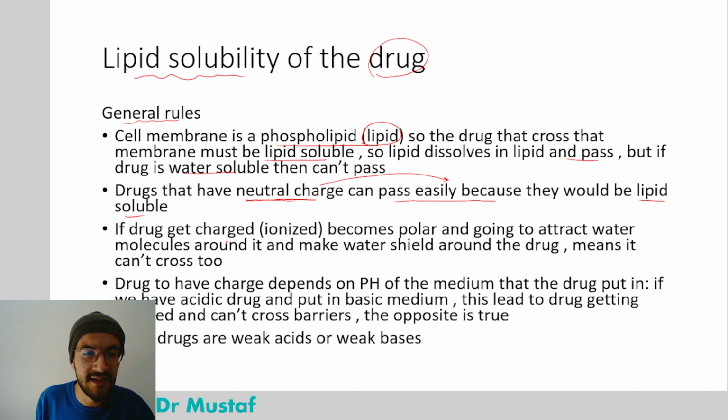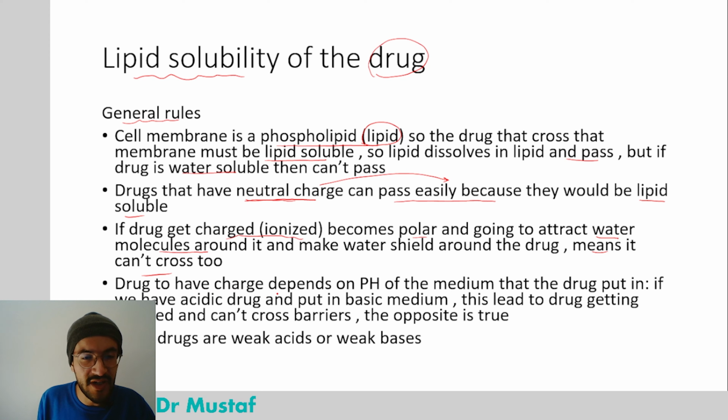But if the drug gets charged, ionized, it becomes polar and attracts water molecules around it, so it basically becomes water soluble, and the drug can't cross. So if the drug is lipid soluble, it can cross. If the drug is water soluble, it can't cross. If the drug is neutral, it can cross. If the drug is charged, it can't cross.